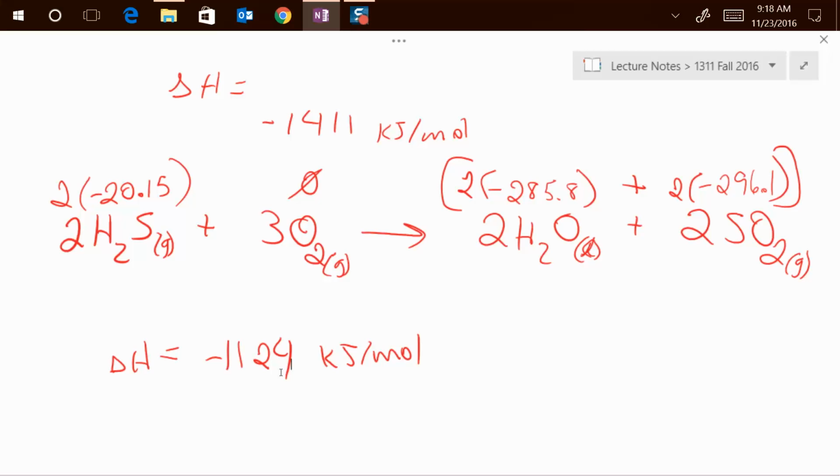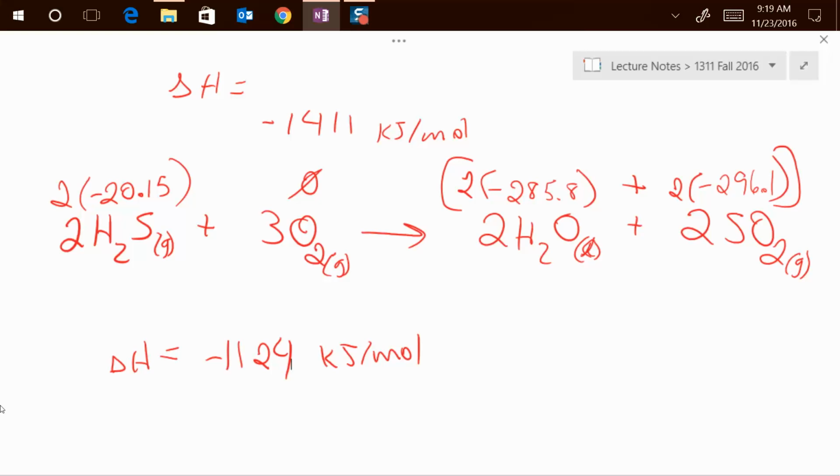Let's do it again. I'm going to do it again right now. So 2 times negative 285.8 is negative 571.6, right? Plus 2 times negative 296.